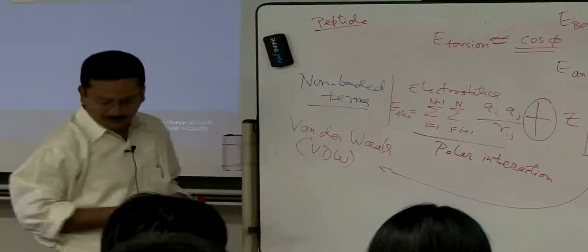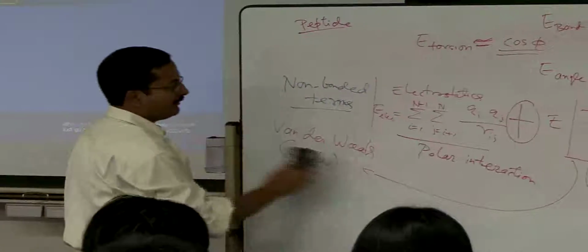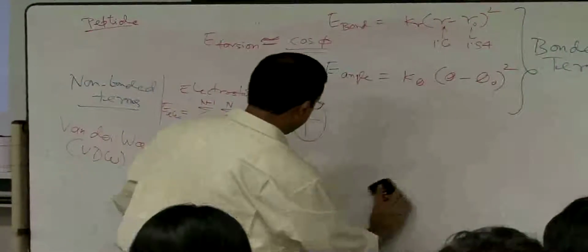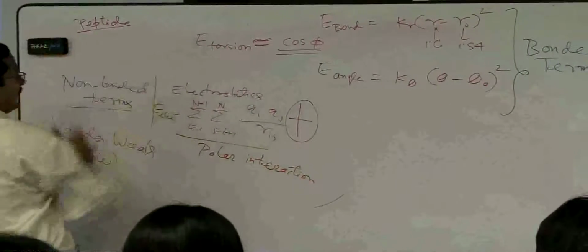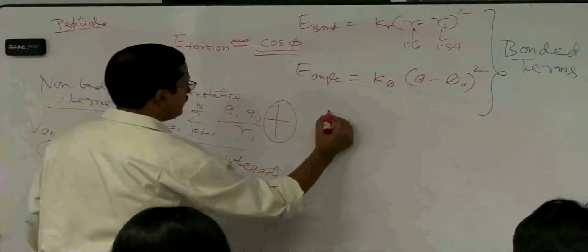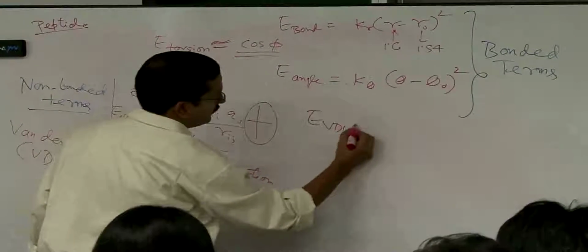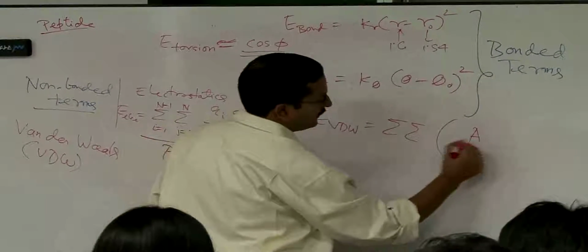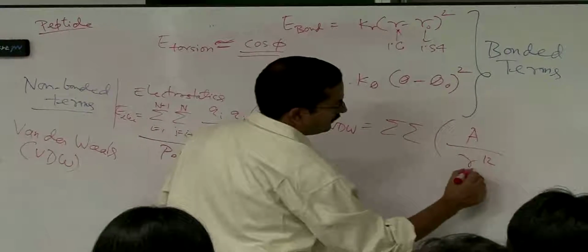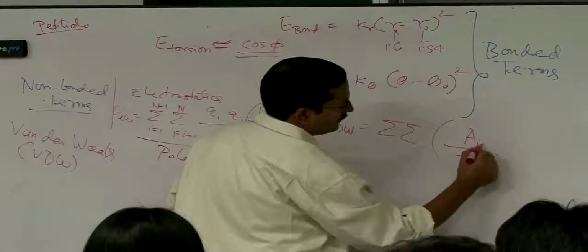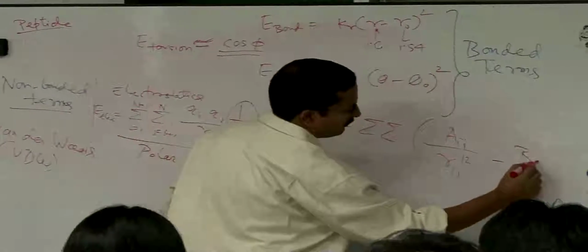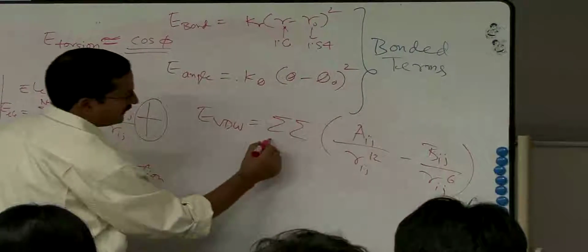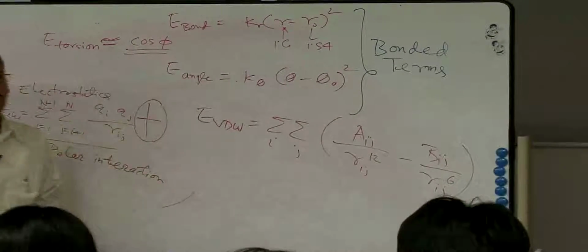Now I will write the expression for van der Waals interaction here. I will erase this one. So, E VDW also has a summation over i and j, with terms in Bij and Rij to the power 6.